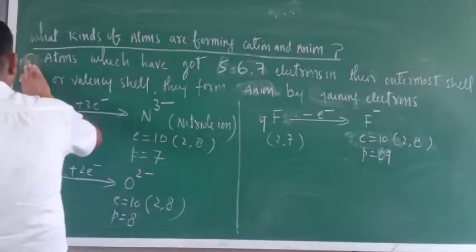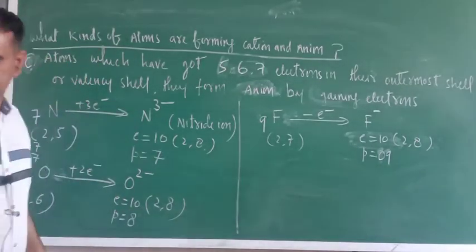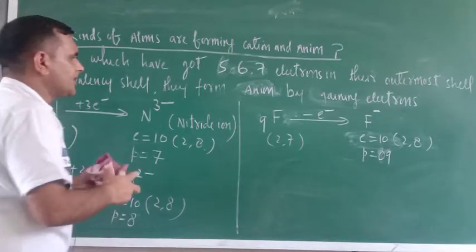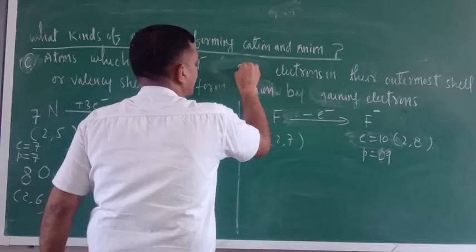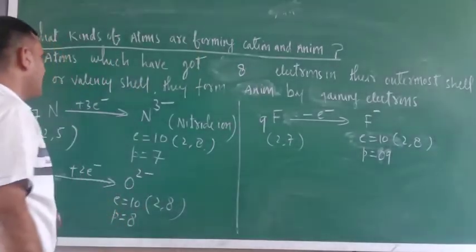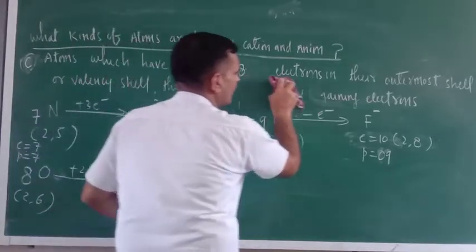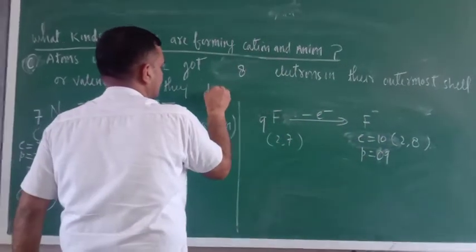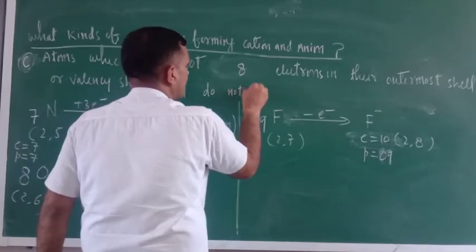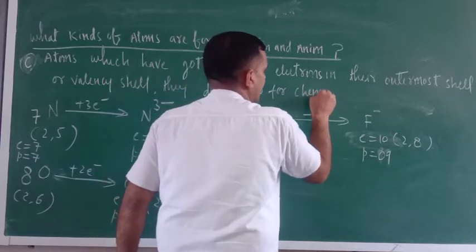Atoms which have got exactly 8 electrons in their outermost shell, or valence shell, do not go for chemical reaction.